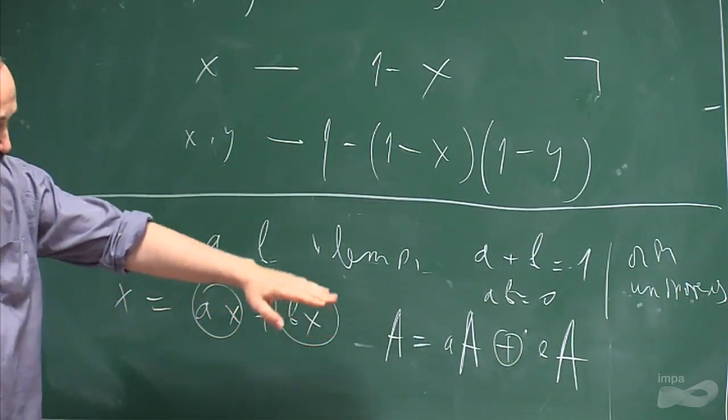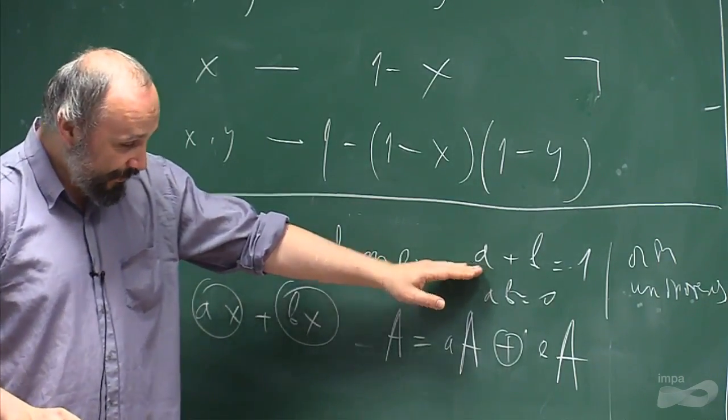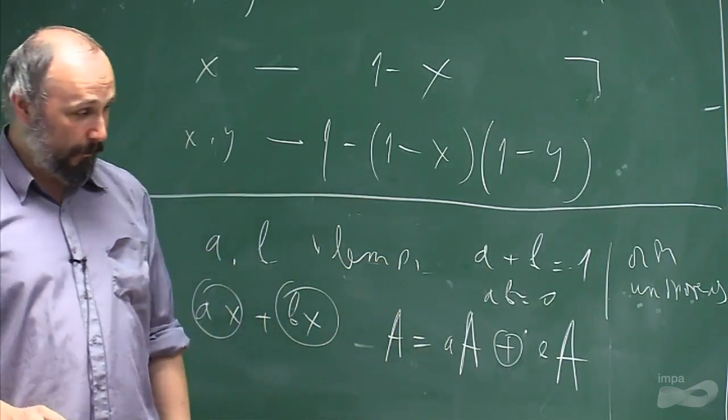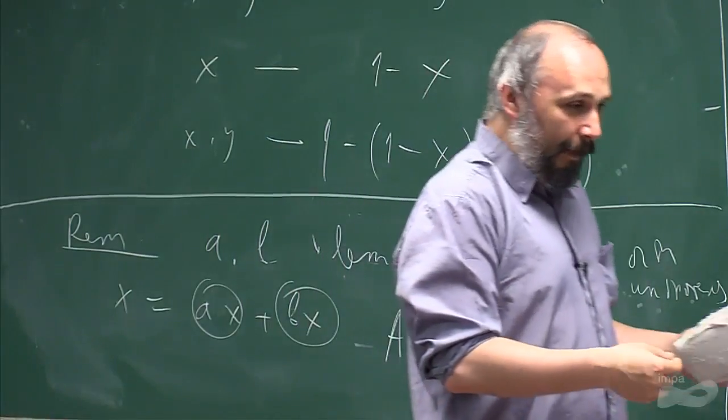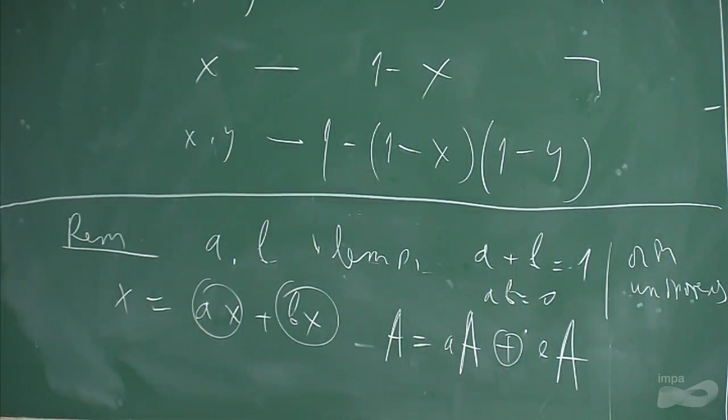If you have such a decomposition, this gives you a decomposition of your algebra; in particular, an algebra which has idempotents is automatically a direct sum of two subalgebras.